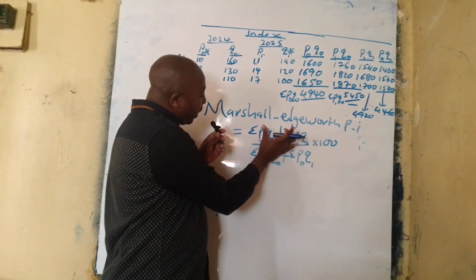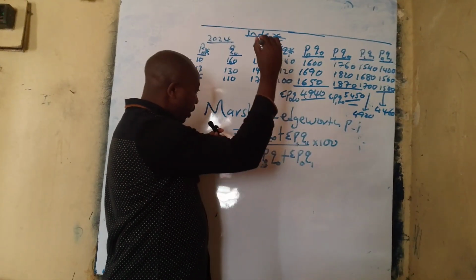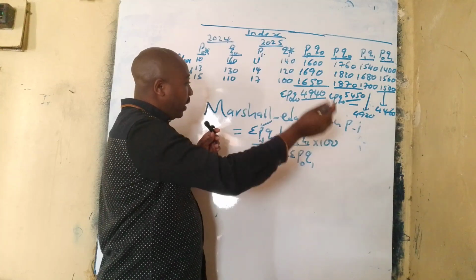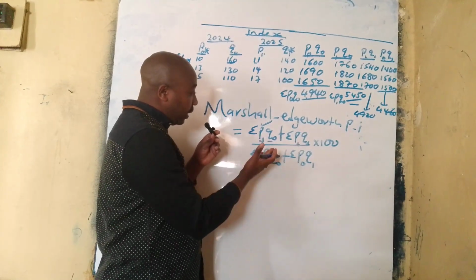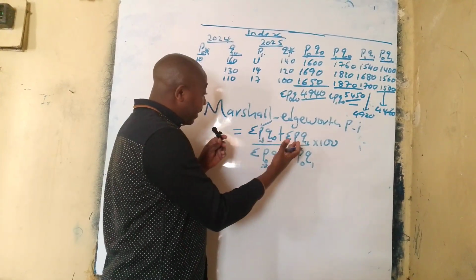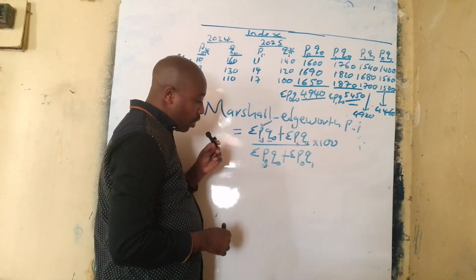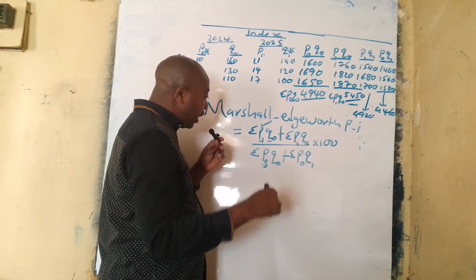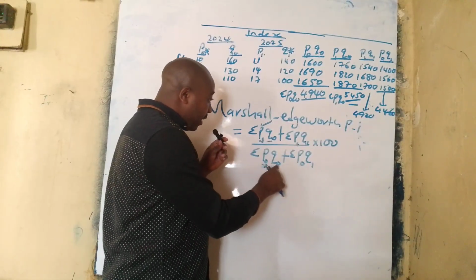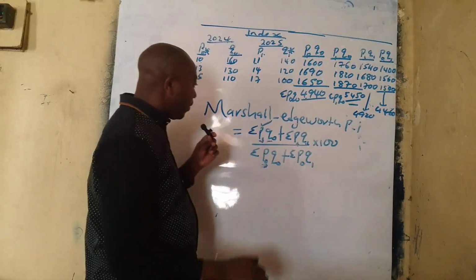So numerator, it's P1 times quantity, only that you have two quantities for the previous year and current year. Denominator, it is P0 times quantity, only that you have two quantities, for the previous year and for the current year. That is it.